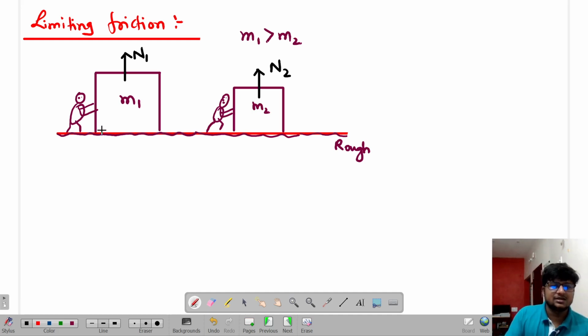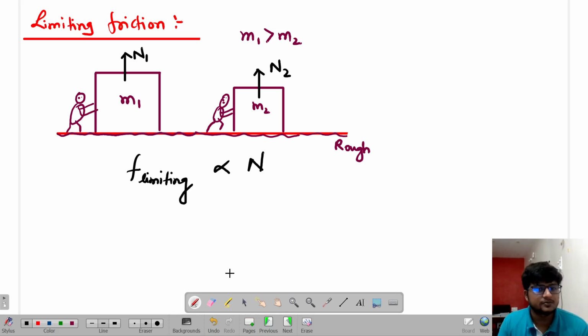So this means that this particular value of limiting friction which is appearing is definitely dependent on my normal. Is that clear or not? The more the weight of the body, the harder it will be to move it. So I can say that friction increases as the weight increases. Is this clear or not?